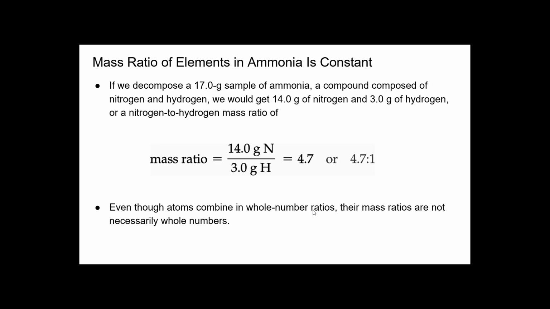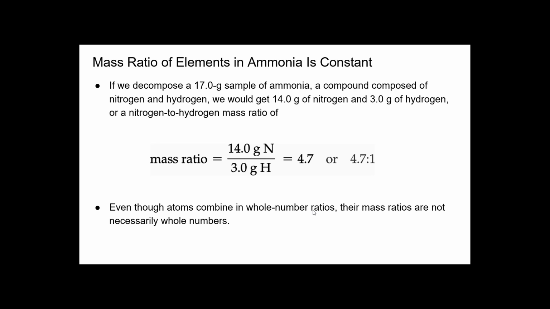So you decompose 17 grams of ammonia, which is NH3, a compound composed of nitrogen and hydrogen. We would get 14 grams of nitrogen and 3 grams of hydrogen. That means 3 hydrogens, because you think approximately 1 gram for 1 hydrogen atom. So we want to know the nitrogen to hydrogen mass ratio.